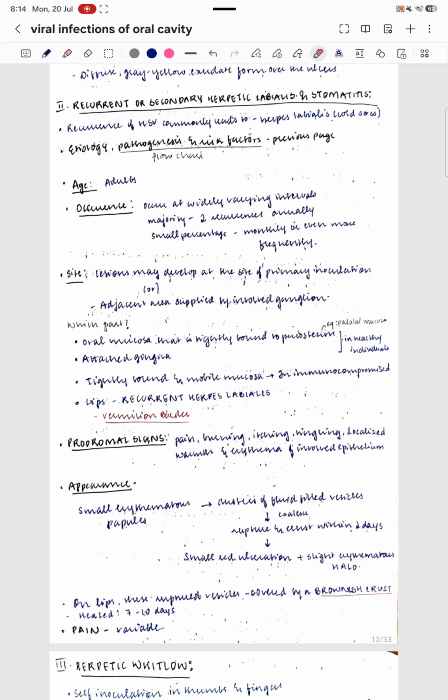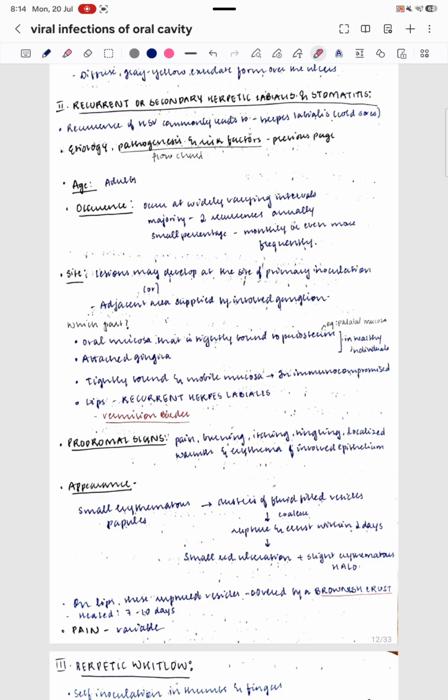Now coming to the site, the lesion may develop at the site of primary inoculation, where the virus is primarily inoculated. There a lesion could develop, or in the adjacent area which is supplied by the ganglion.